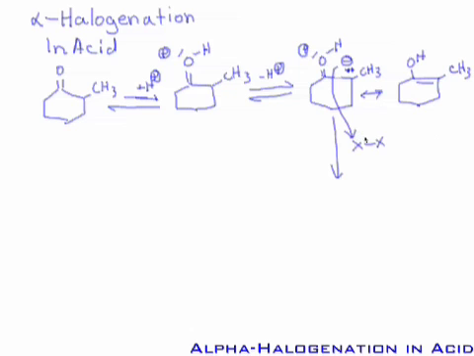It can attack the X. X gets polarized, and you will produce the protonated alpha-halogenated species. X plus X minus, and X of course can be chloro, bromo, or iodo. And then of course the last step is deprotonation, minus H plus.